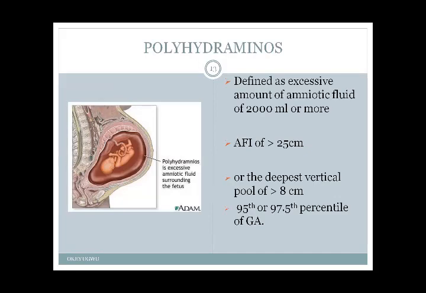It is defined as an excessive amount of amniotic fluid, roughly around 2000 mL or more. But specifically we define it as an amniotic fluid index of more than 25 centimeters at term, or more than the 95th percentile for the gestational age.